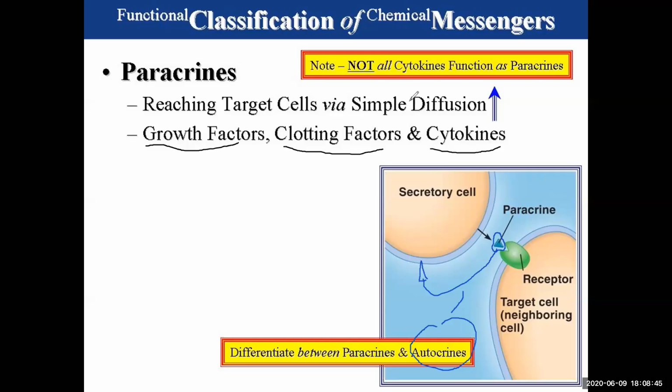And remember, I mentioned earlier, the cytokines or chemical messengers used by the immune system. The immune system does not rely only on short distance. So that's why I wrote down here, not all cytokines function as paracrine. Some cytokines are indeed working as a long distance chemical messenger. So that's the concept of paracrine versus autocrine.